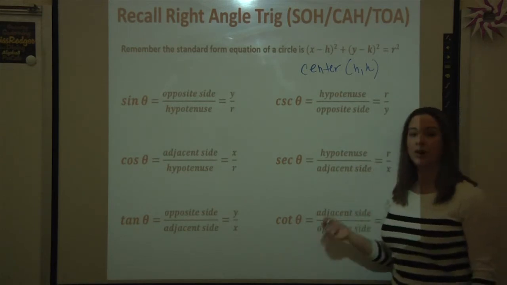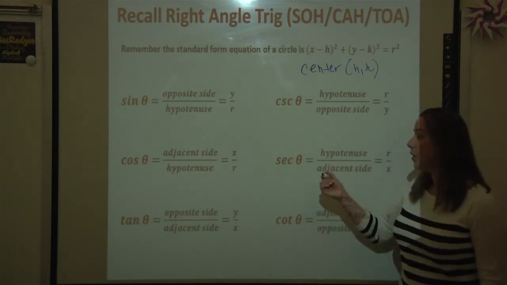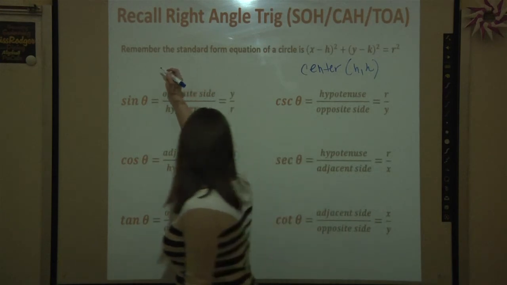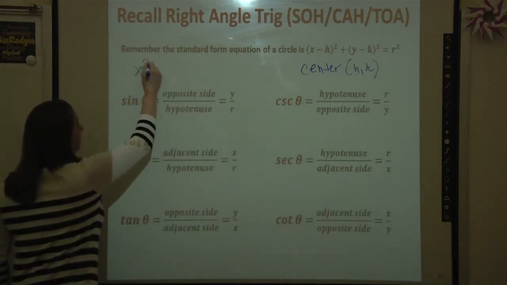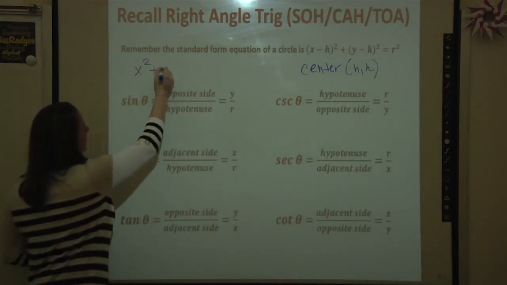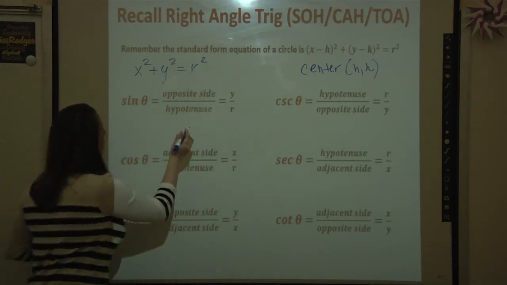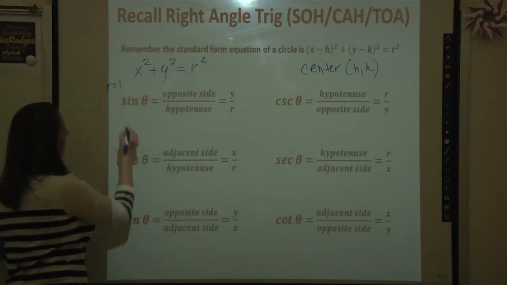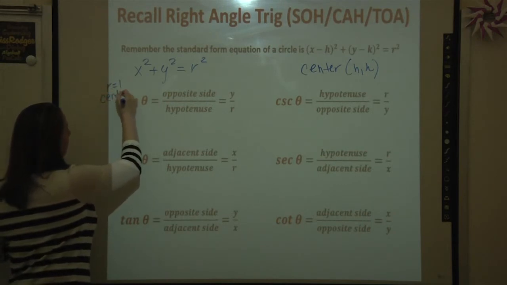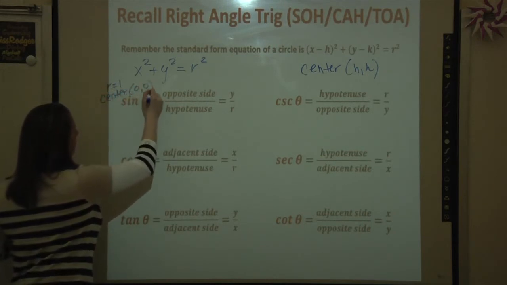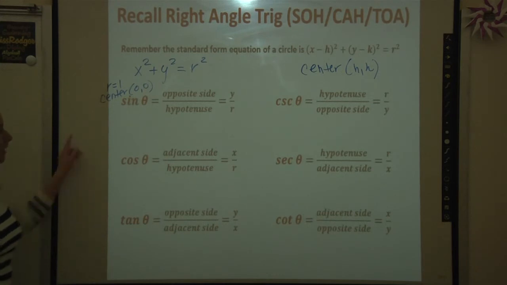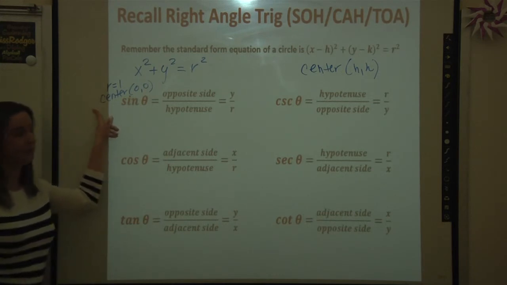So if we think about what our equation is for our unit circle, we're going to have x squared plus y squared equals r squared, where r equals 1 and our center is 0, 0. This is for our unit circle.